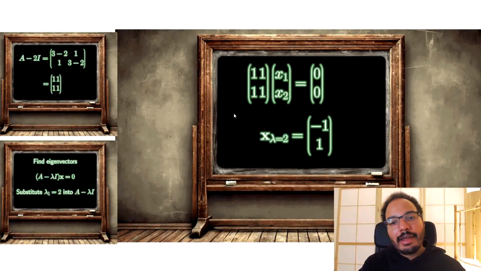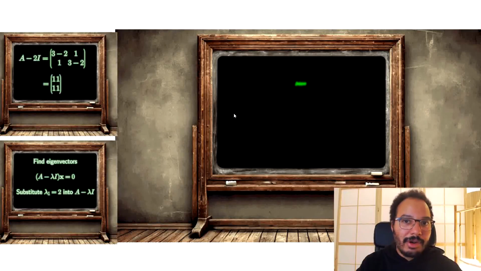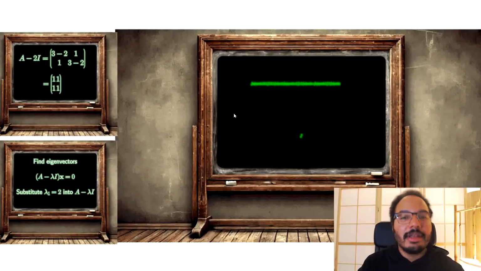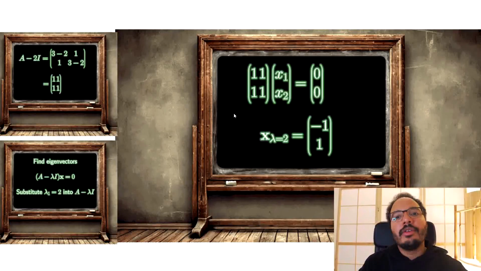Now to find the eigenvectors, all we have to do is set this equation to 0 to find the null space. If you don't remember how to find the null space, please check out this video where I explained the steps. But assuming that you know how to find the null space, we will get the following result. For the given matrix, the null space is minus 1 and 1 for lambda equals 2.